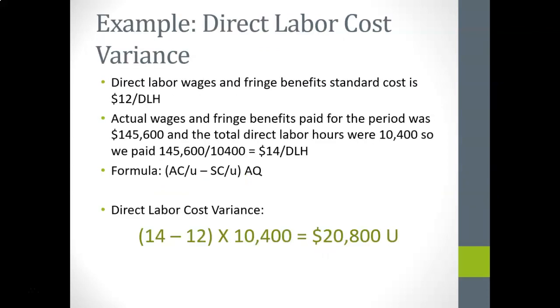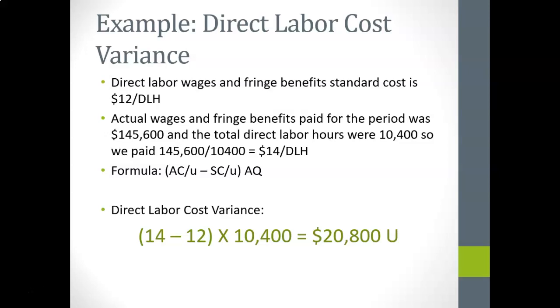Okay, so let's take a look at Cheerful Colors on their direct labor variances. So we'll first look at the direct labor cost variance. And we know that the standard cost, we were told, was $12 per direct labor hour. The actual cost per hour was $14 per hour that we had calculated.